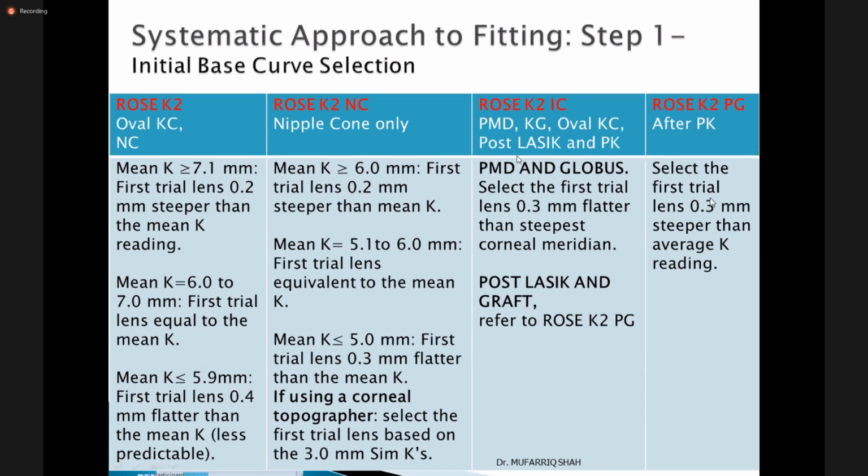So for both, if the case is after penetrating keratoplasty and you want to proceed with the ROSE K2 IC lens or the ROSE K2 PG lens, in both cases you need to select the first trial lens 0.3 millimeters steeper than the average K reading. So this is the first step, which lens you should take from the trial set just to start your assessment.